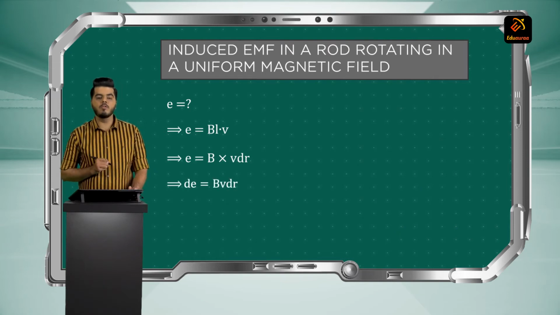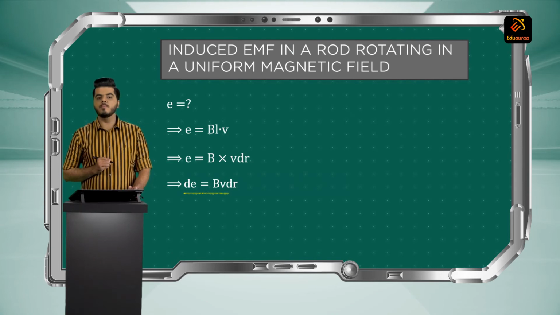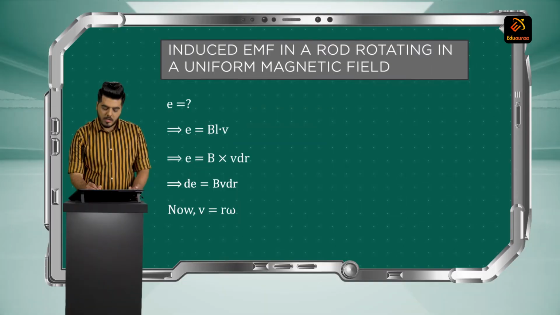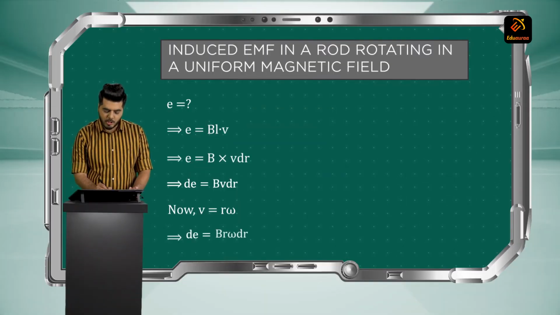So dE is equals to B V into dr. Now I am going to say V is equals to r omega, because the linear velocity should now be considered in terms of angular velocity. So in place of V, I am going to substitute r omega. So dE is equals to B into r omega into dr.